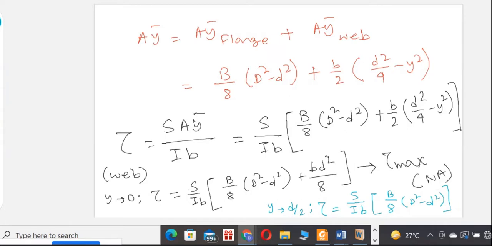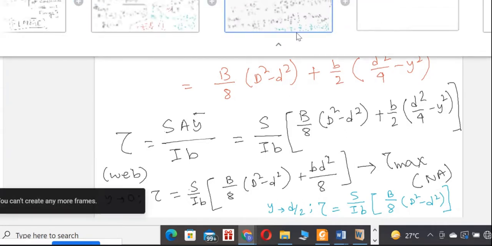So now let me write down all the parts which we have calculated till now, for flange and for web.